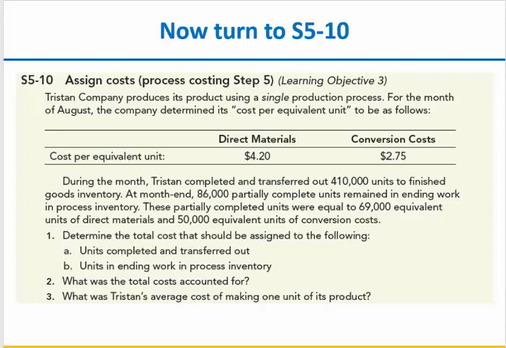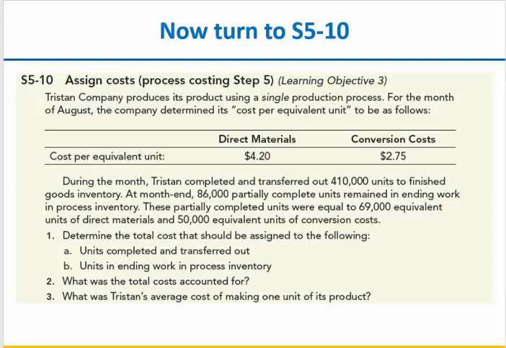During the month, the company completed and transferred out 410,000 units to finished goods inventory, and at month end, 86,000 partially completed units remained in ending work in process inventory. These partially completed units were equal to 69,000 equivalent units of direct materials and 50,000 equivalent units of conversion cost.